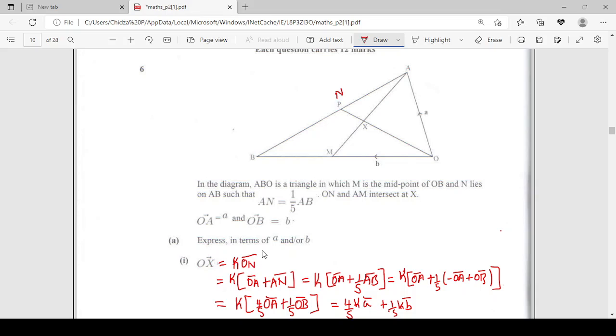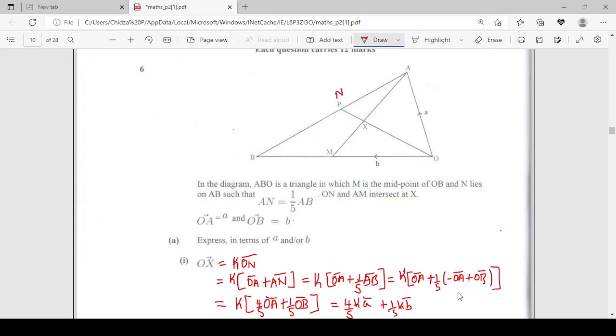So what is ON? ON is OA plus AN. We are already given that AN is 1/5 of AB. So we're going to substitute for both OA and AN in the expression there. But before you do that, let's just replace AN with 1/5 of AB, and then we replace AB with minus OA plus OB.